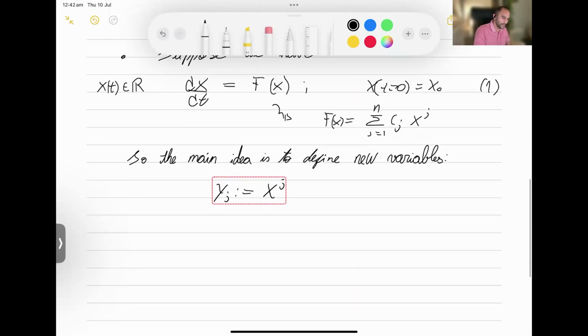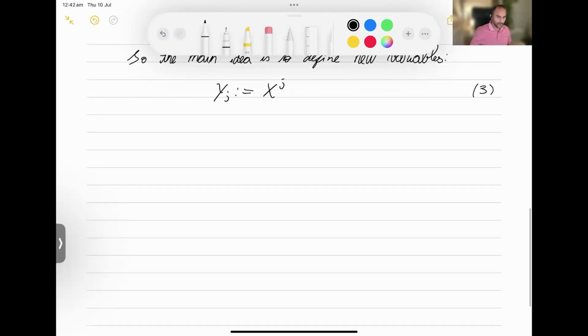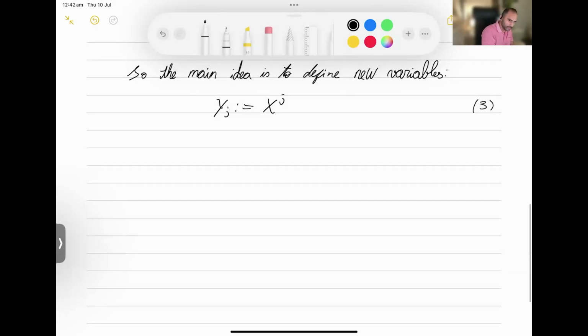That's the starting point to make the nonlinear problem linear. Then we apply the chain rule of derivatives, which everyone knows how to do. So you do that.